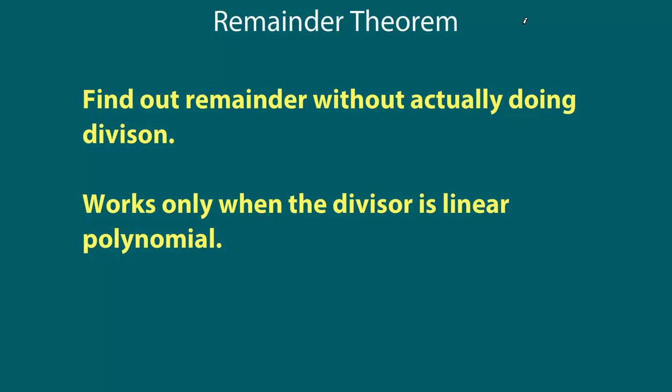In other words, if we had any polynomial and we wanted to divide this by, let's say, x squared plus 2x minus 1, can we apply the remainder theorem? We cannot, because this is not a linear polynomial. This is a quadratic polynomial. So the denominator has to be a linear polynomial.